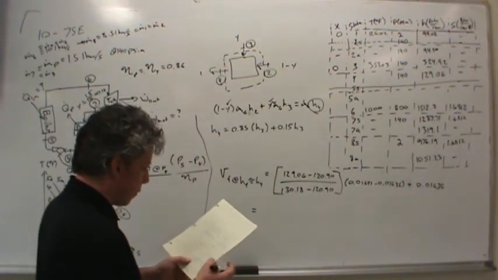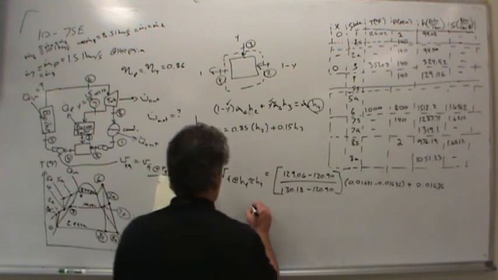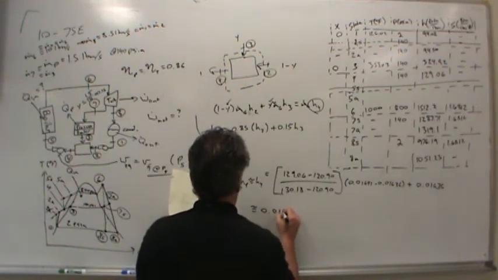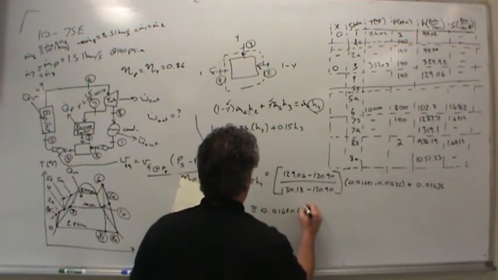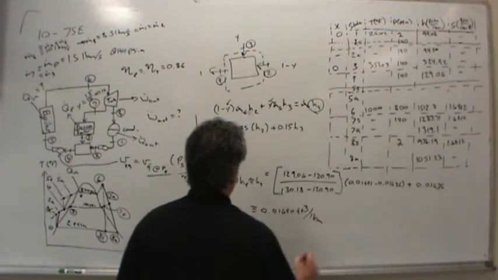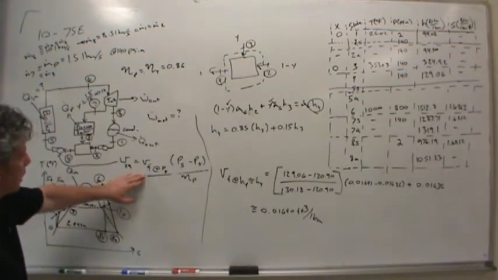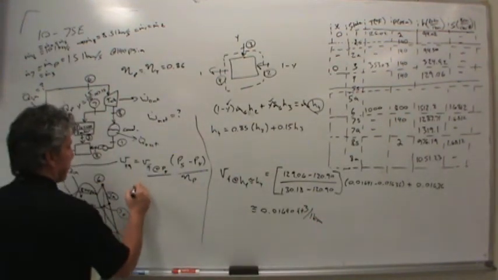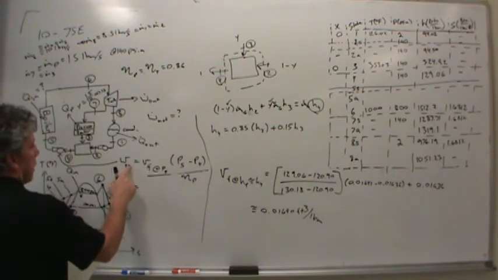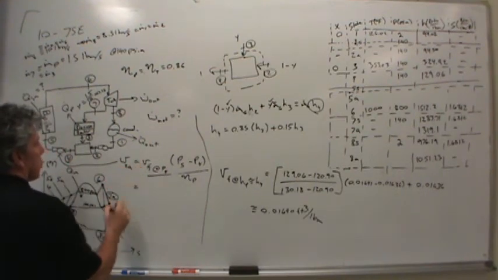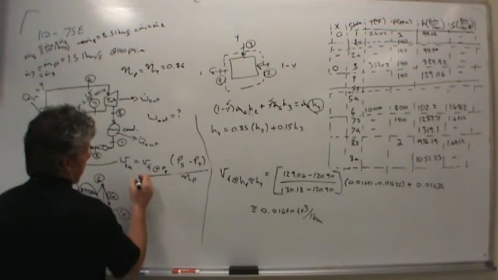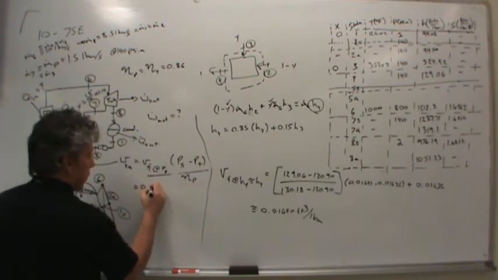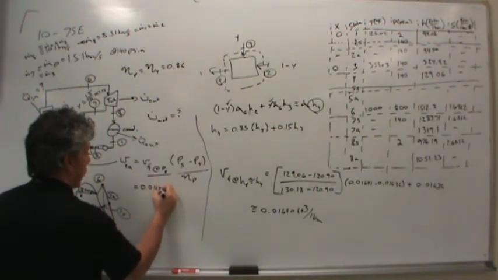So when you finally plug all this in, you find that this is about 0.01640 cubic feet per pound mass. So now we have the specific volume that we can plug in to find the pump work. Okay, so specific volume 0.0164 cubic foot per pound mass.